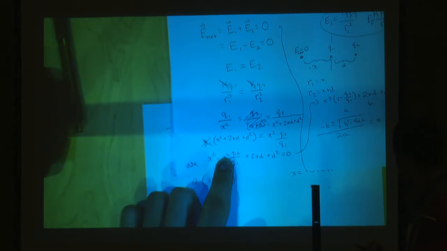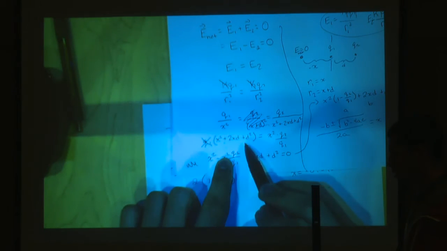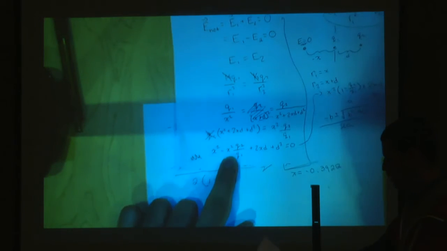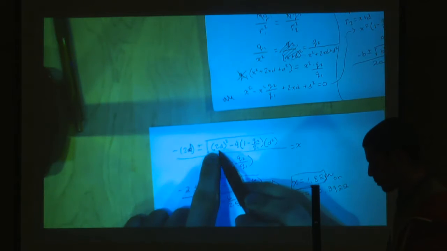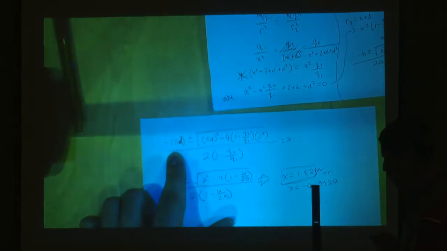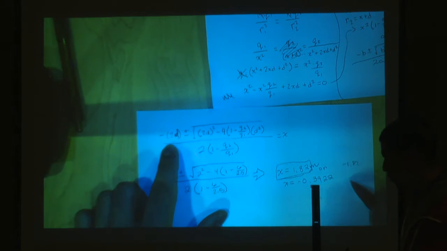You could do this the same way: if it was x minus d squared, and we were to have x squared minus 2xd, we can see that here we would have a negative number for our 2d, which would cancel out that positive, thus giving us these same numbers, just negative 1.82 or positive 0.3922.